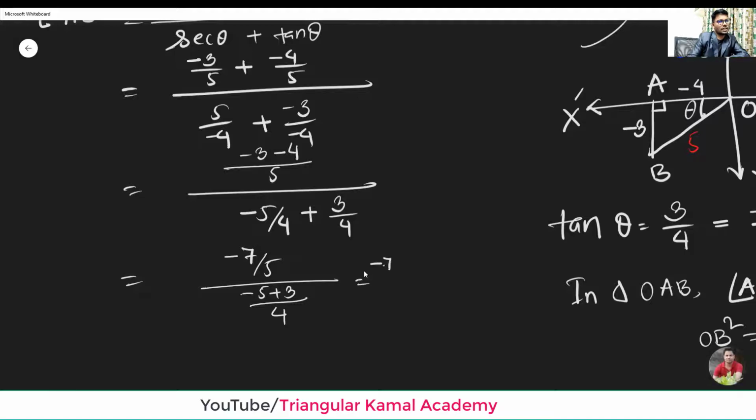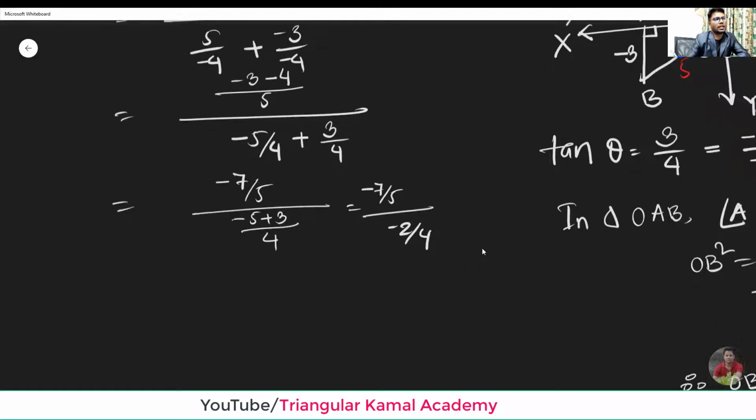So now minus 7 by 5 divided by minus 2 by 4. One fraction is divided by another fraction. So write the first numerator fraction, then multiply. This one will be inverted into 4 by minus 2. So here minus minus is plus. If we divide this, we will get 4 divided by 2, there will be 2. 7 twos are 14. There is minus minus plus. This is 14 divided by 5.